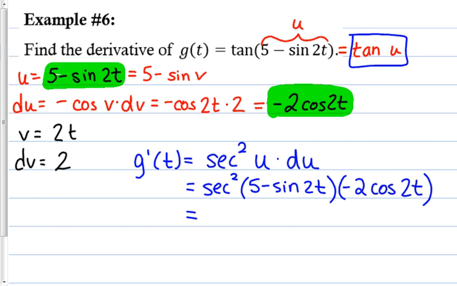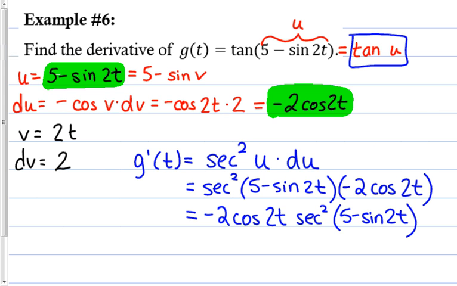In fact, I'm just going to go ahead and move all of that stuff in the back to the front because this stuff looks yucky. So negative 2 cosine 2t, and then secant squared, and that is 5 minus sine 2t, and that's that.